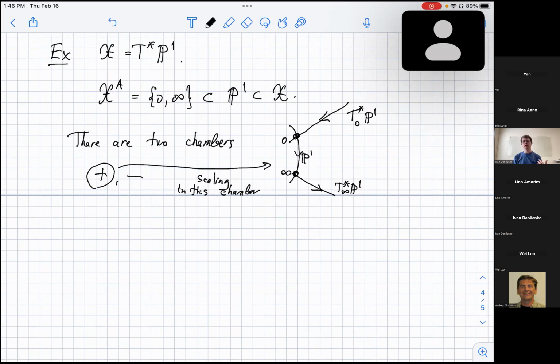So now we can write explicitly what the attractors are here. The attractor with respect to the plus chamber of 0 would be everything that is contracted to 0. That's only the fiber.